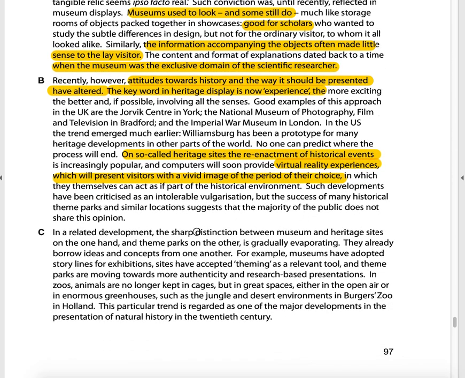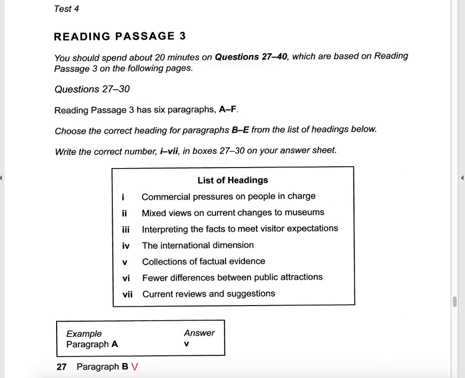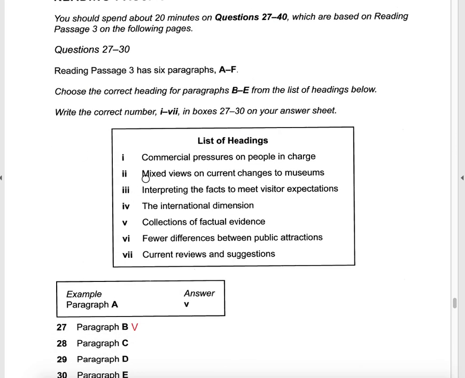And then here it says such developments have been criticized as intolerable vulgarization, like horrible. This is vulgar, it's terrible. But the public does not share. I see here mixed views.